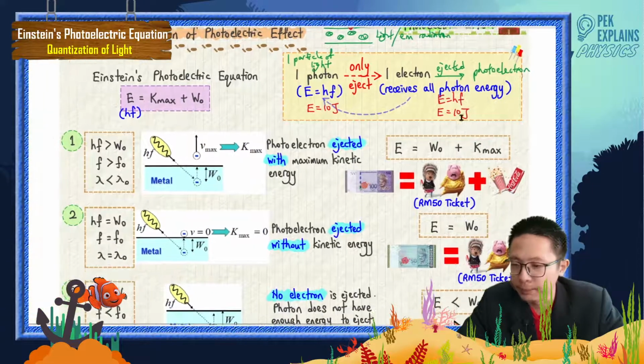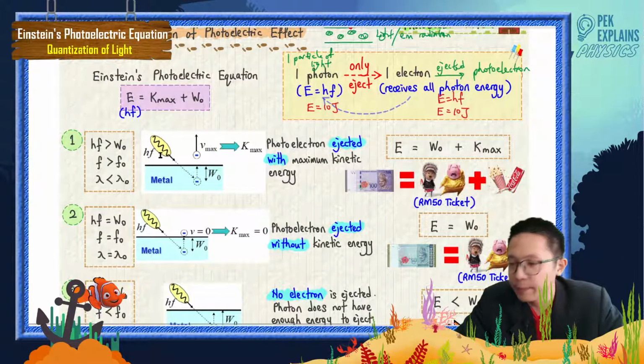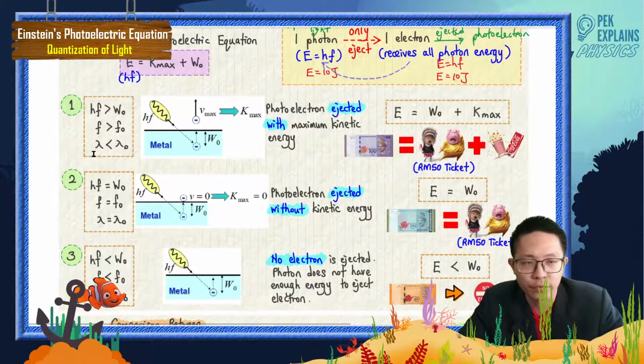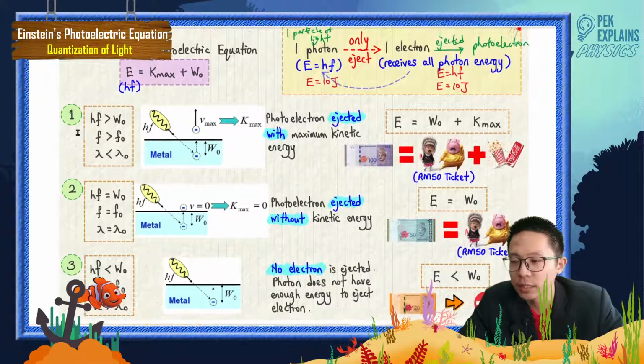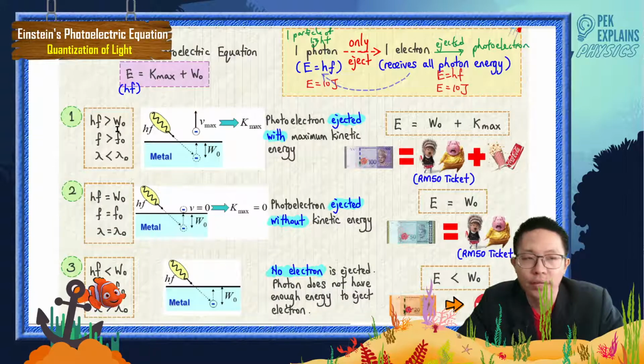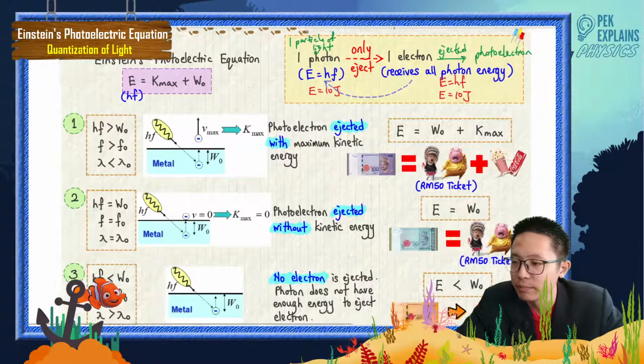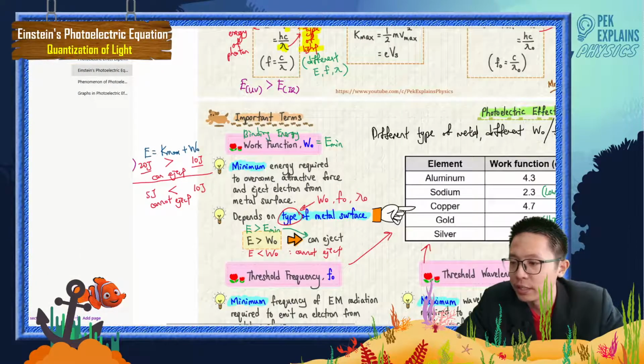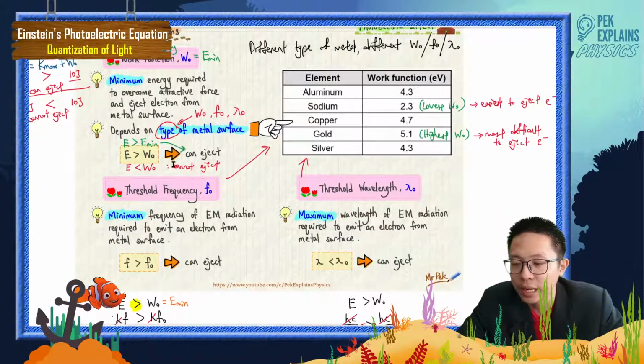Now, let's look at this one. First of all, the first example, we have three conditions. The first condition is hf more than the work function. Actually, we learned this before in the photoelectric equation, whether it can eject or cannot eject.